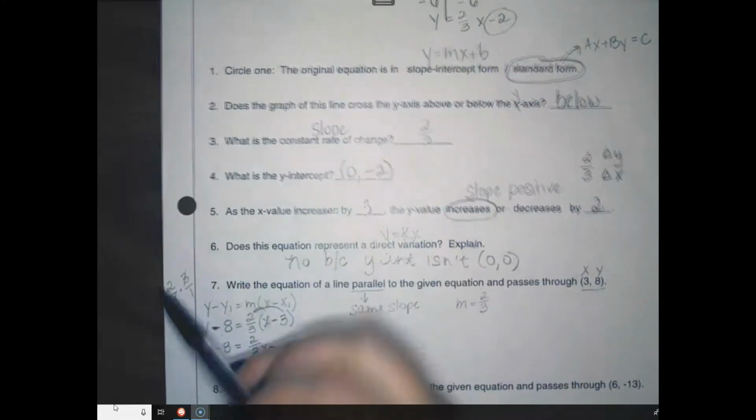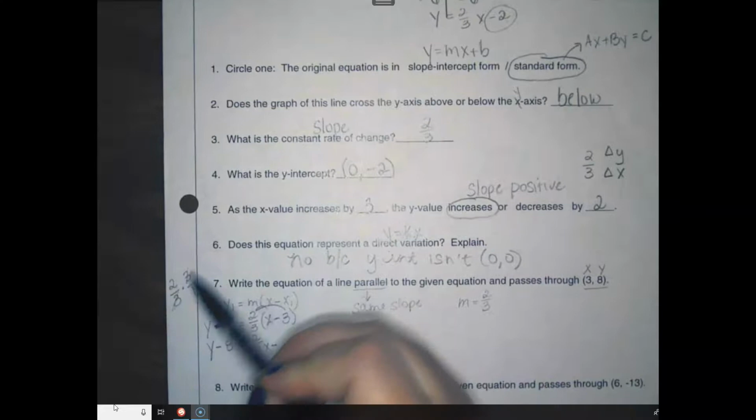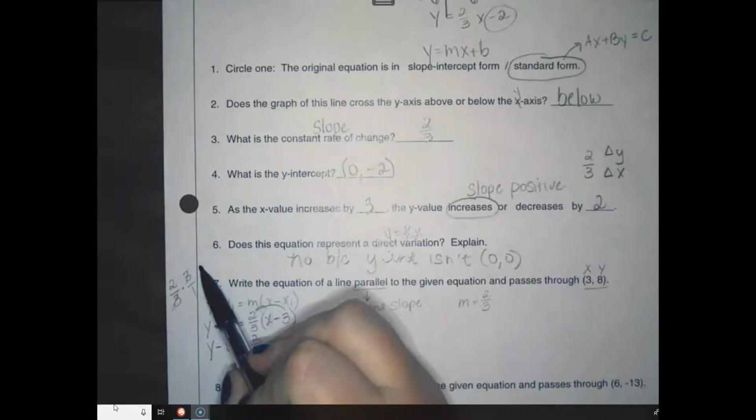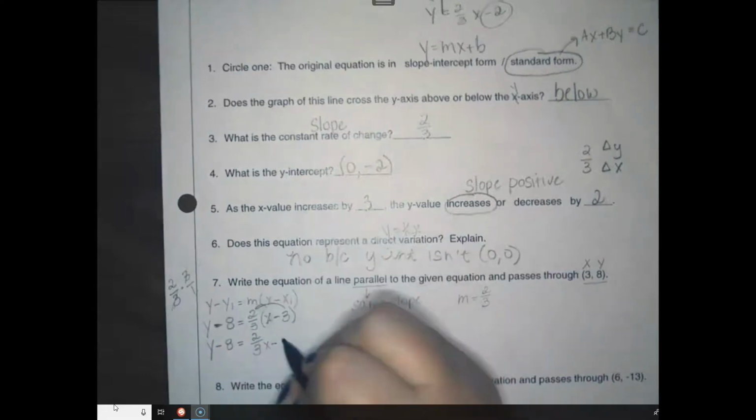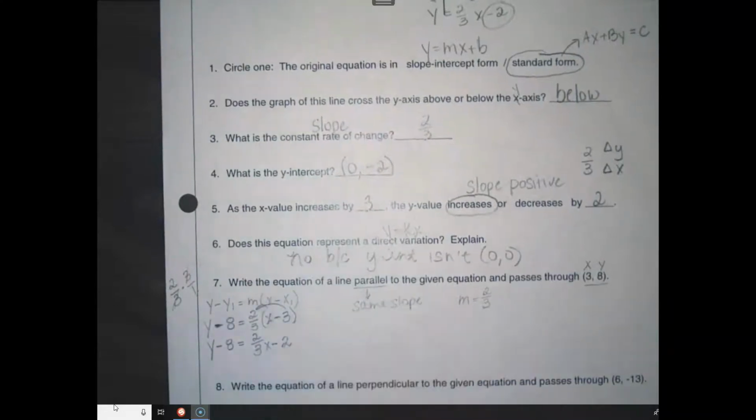So 2/3 times 3, I'm going to stick it over 1, and we can cancel those 3's, leaving me 2 over 1. You can also multiply fractions top times top, 2 times 3, which is 6, and bottom times bottom, and 6 divided by 3 would then be the 2.